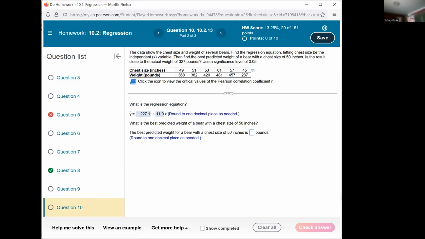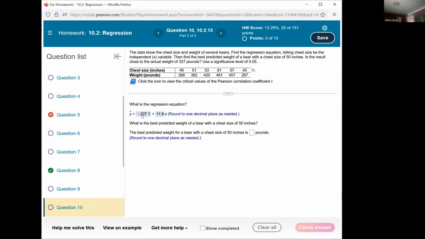What is the best predicted weight for a bear with a chest size of 50 inches? So if you happen to see it here, you don't go to that. You're going to put it into this equation here. So it'll be 11.9 times 50, which is equal to 595.